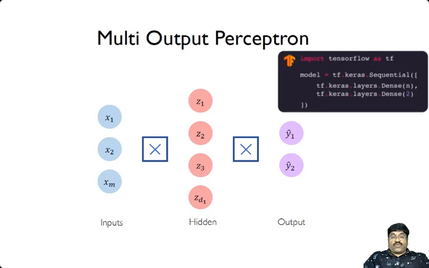And again, if we wanted to implement this in TensorFlow, the idea is pretty simple. We can just define two of these dense layers. The first one, our hidden layer, with n outputs, and the second one, our output layer, with two outputs. We can join them together, aggregate them together into this wrapper, which is called tf.keras.Sequential model.